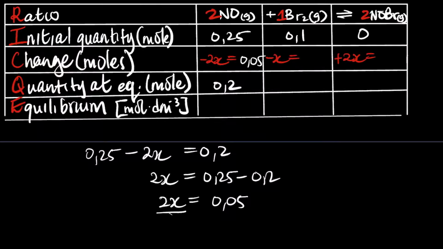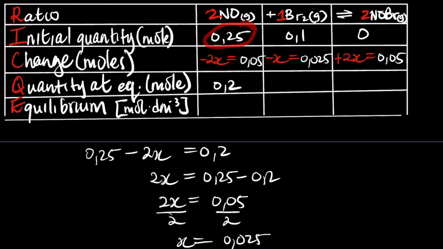If we want x, we divide by 2, so x is 0.025, and 2x is again 0.05. We can check: 0.25 minus 0.05 is 0.2. That's correct.